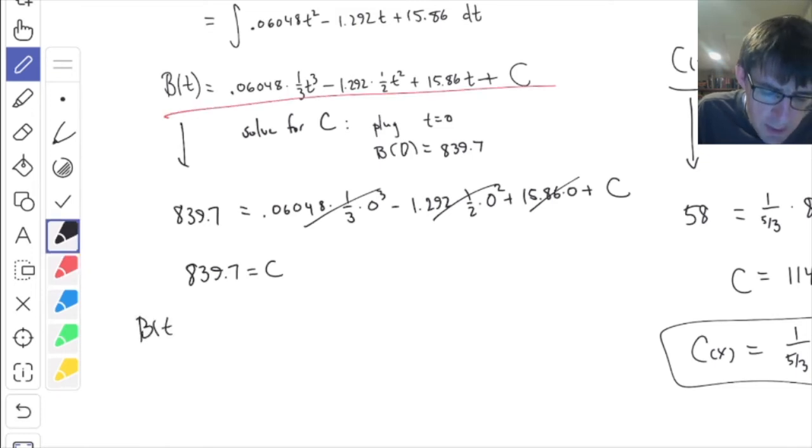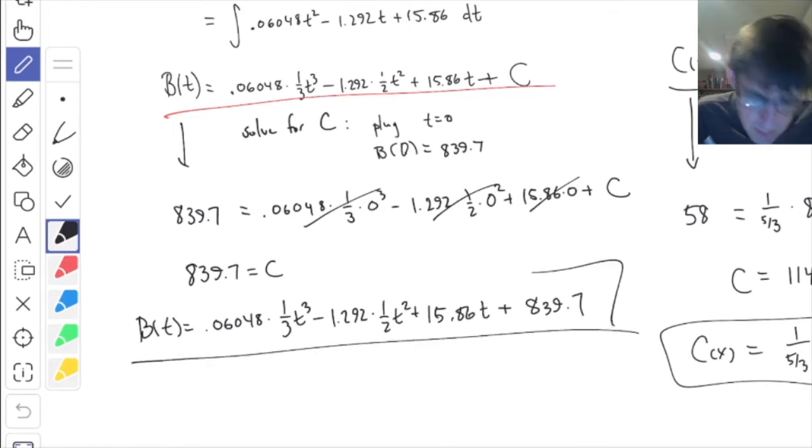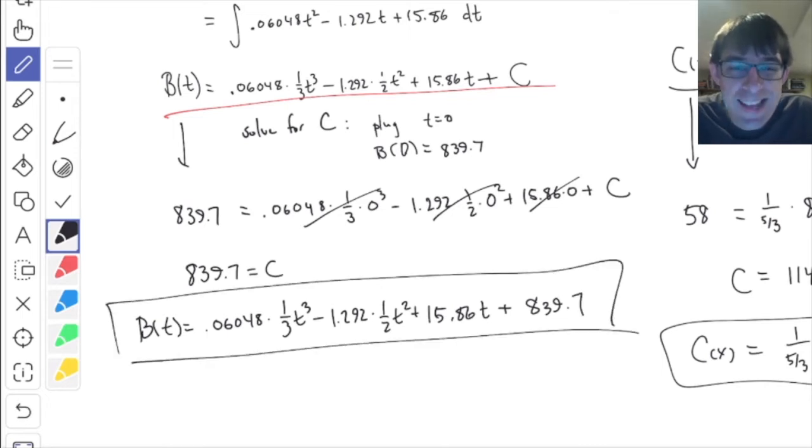B of T is 0.06048 times 1/3 T cubed minus 1.292 times 1/2 t squared plus 15.86 t plus 839.7. This is my answer. That's the answer for part A.